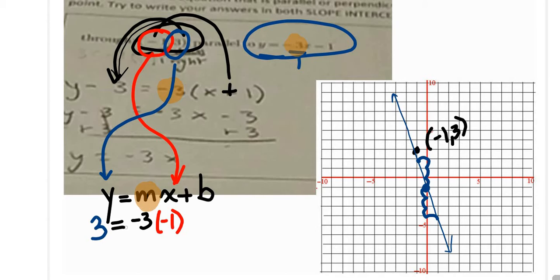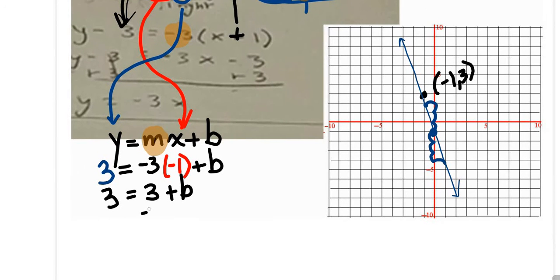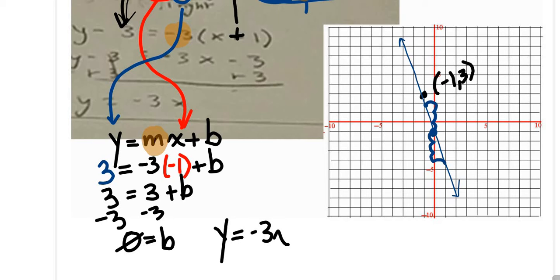So this is 3 equals 3 plus b, and of course minus 3, and you solve. Our y-intercept is 0, which is what you got here. So y equals negative 3x plus 0.